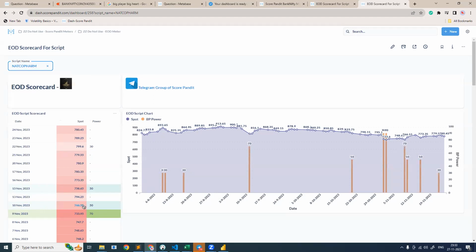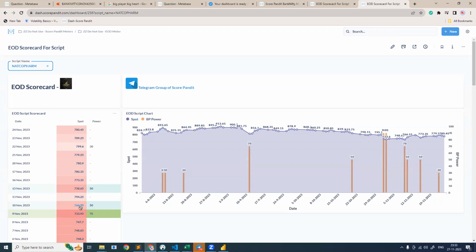You see on 10th, it may have already given a zoom start, or it may have started its day at the same price, 733. So you can start your investment on 10th at around the same price, or maybe 1 or 2% lower. If it goes lower, then there are higher chances that the price will come up very soon. Again on the next day you got an alert of 50.